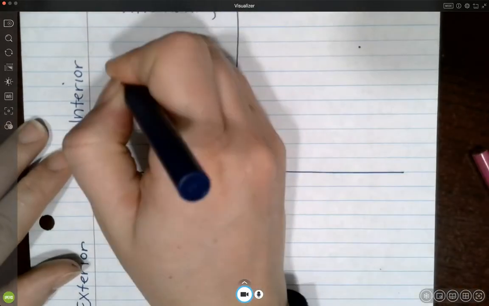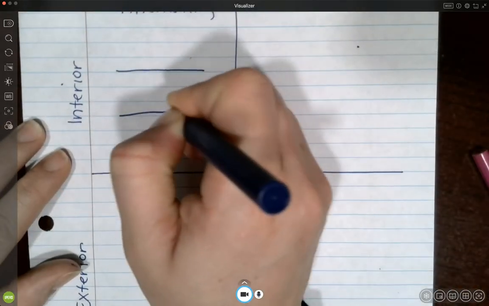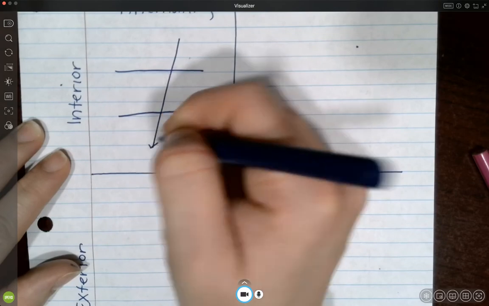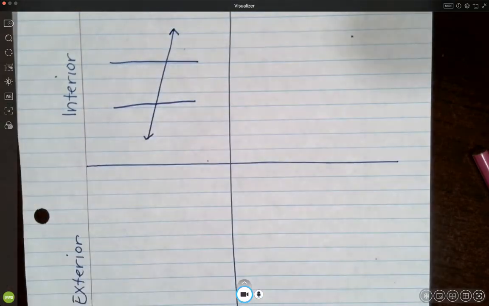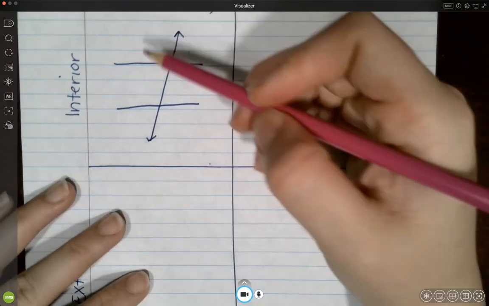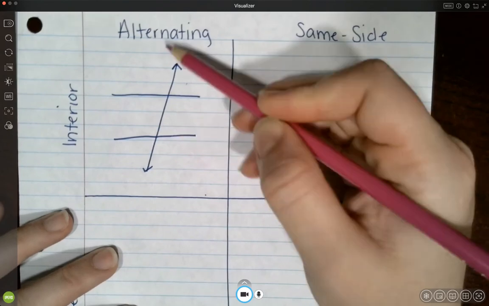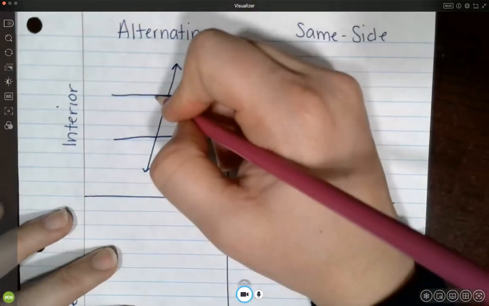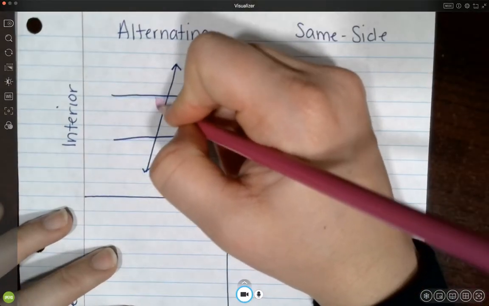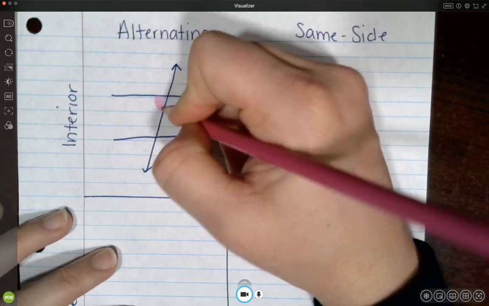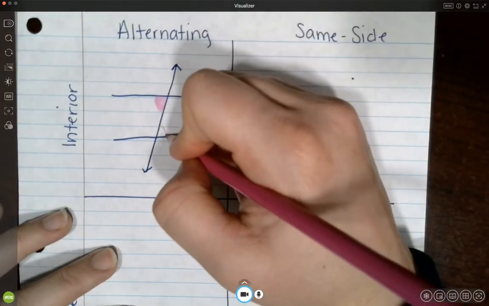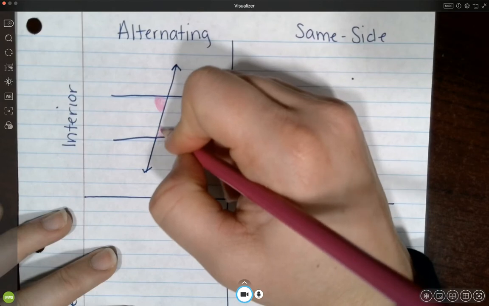Okay, so we're going to go ahead and draw our parallel lines cut by a transversal. All right, so alternating interior. Interior is inside, alternating is on opposite sides. So alternating interior would be this bottom corner of this top pod with this top right corner of the bottom pod.